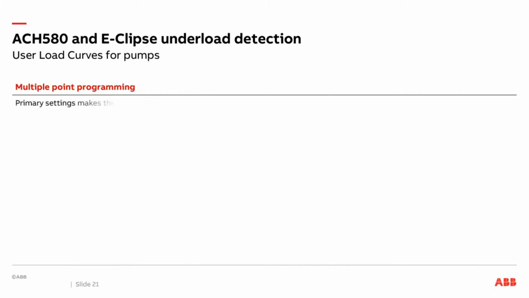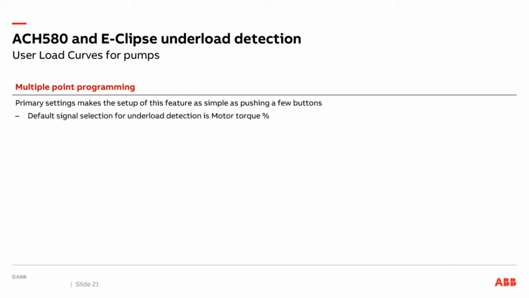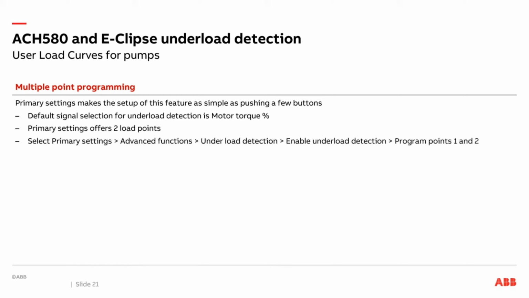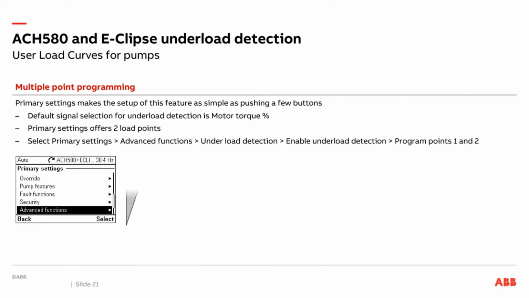For an application with multiple data points, primary settings is still the correct starting place. For up to 2 load points, the screenshots display the same path as we used for a simpler application, such as a broken belt.